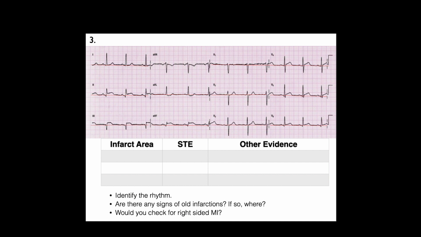Oh, in a lead that isn't acute. Then what I put in here is incorrect. But let's see, pathological cues. I didn't put any pathological cues. Good. And then would you check for right-sided? Yes. Good. Anybody want to add anything?